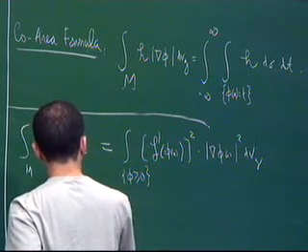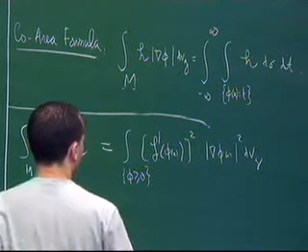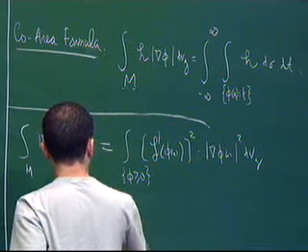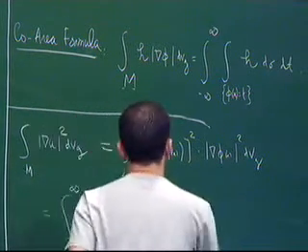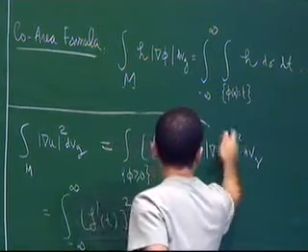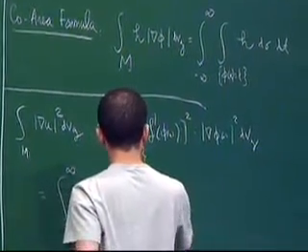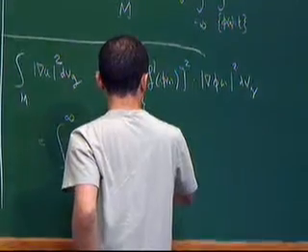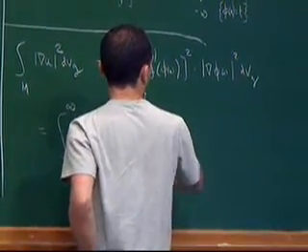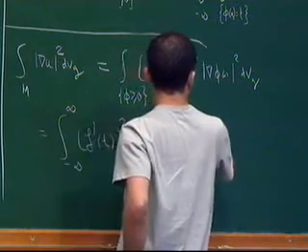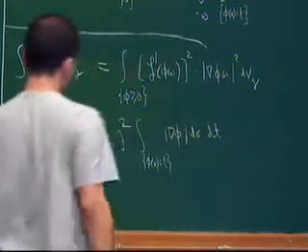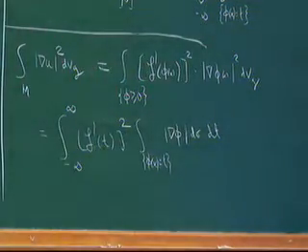I get the integral from minus infinity to plus infinity of f prime of t squared, and then I have to drop one power here. I get the integral over the level set of gradient of phi. That's what the co-area formula gives me.